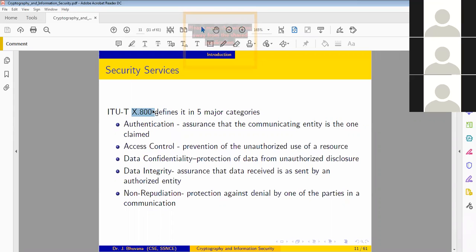That kind of attack we call a repudiation attack. Since we are talking about services, the service is to handle the attack. So the service that handles the repudiation attack is non-repudiation. These are the 5 services defined by the standardization sector: authentication, access control, confidentiality, integrity, and non-repudiation.